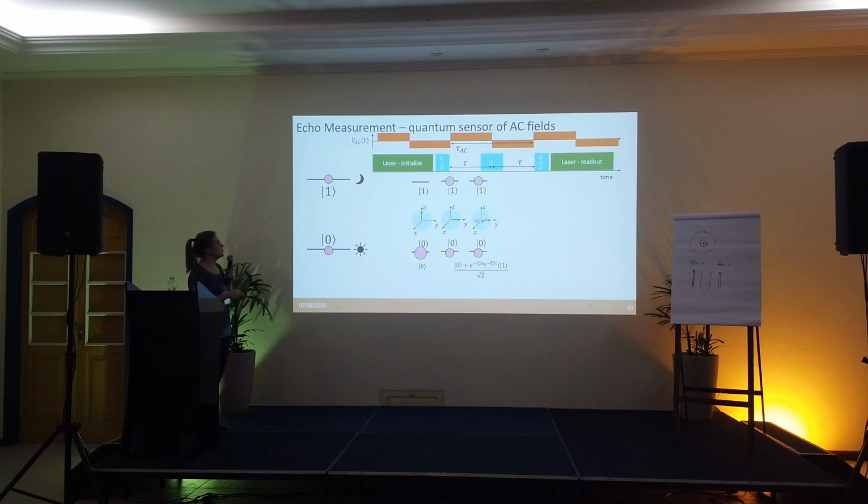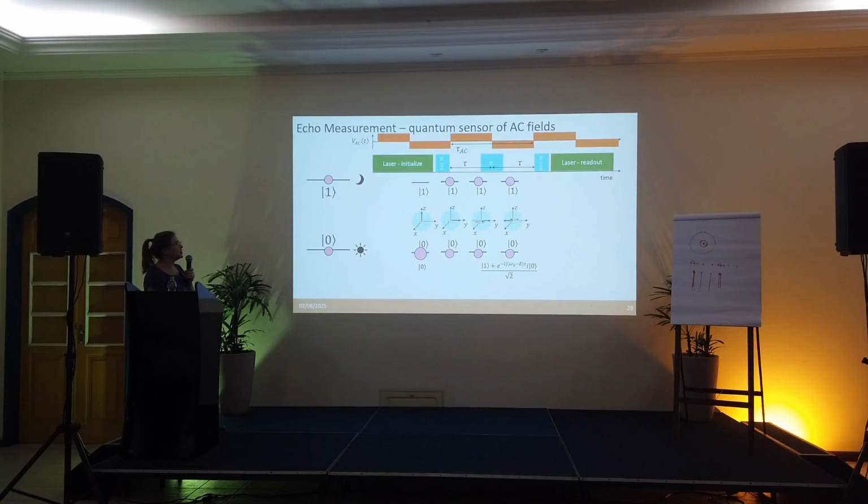Now what happens to my quantum state is the following. During this first time evolution, I've acquired a phase that is given by my H0 Hamiltonian plus a delta that comes from the interaction with this AC field, or minus a delta. When I flip my state, I also flip my AC field. So now the phase that I'll acquire has an opposite sign. Now I can't remove this as a global phase factor anymore.